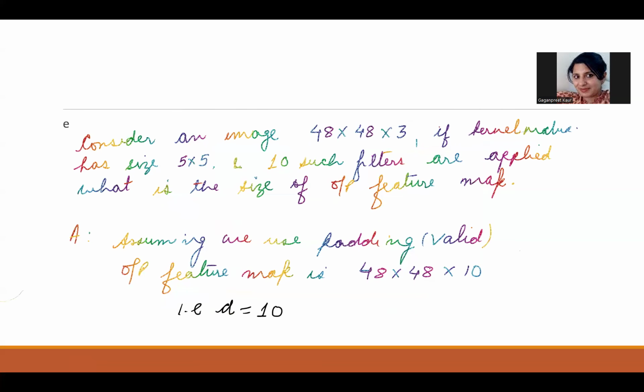Small question. Consider an image of the size 48 cross 48 cross 3. Kernel matrix is 5 cross 5, and 10 filters are there in that layer. What is the size of the output feature map we are getting?